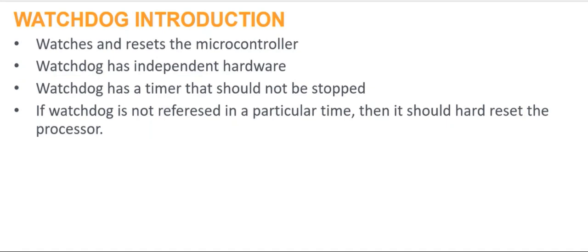The watchdog timer is a kind of timer or counter that counts down from some preset value to 0. This timer keeps decrementing from some defined value to 0. If this timer reaches 0, it means there is some issue with our software. Then the watchdog module understands there is some issue and resets the controller. So that is the basic functionality of this timer.